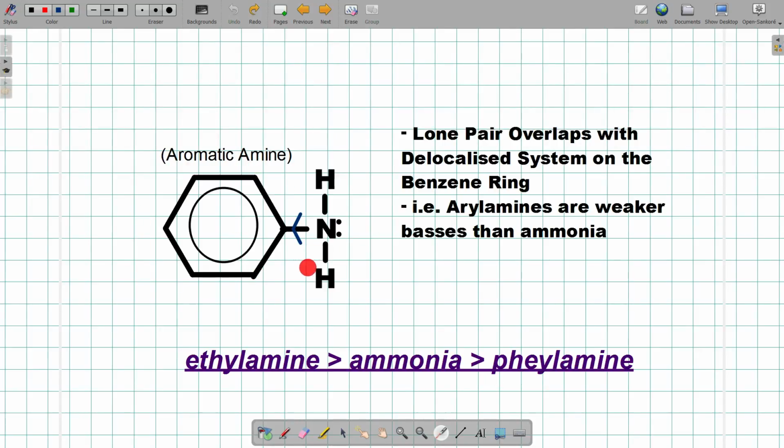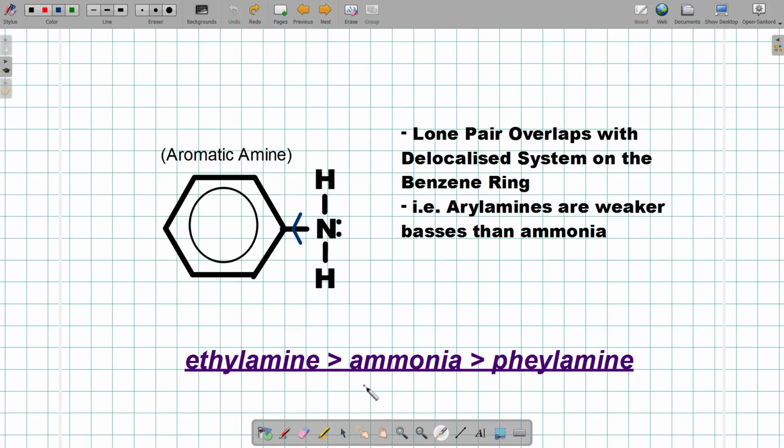It's a stronger base than phenylamine because the nitrogen has its lone pair of electrons, that strong negative charge already, but in phenylamine that is being taken away, not completely, but the negative charge is being reduced, and so it will be a weaker base because it's able to attract protons less so.